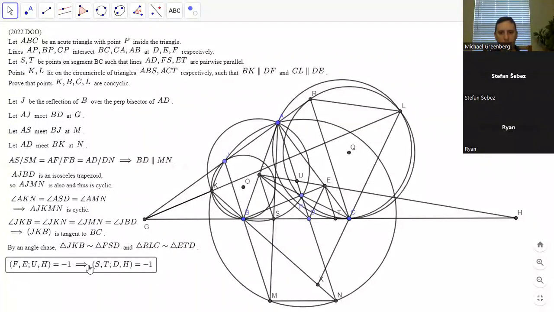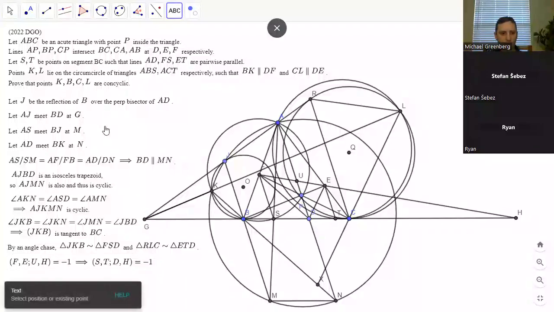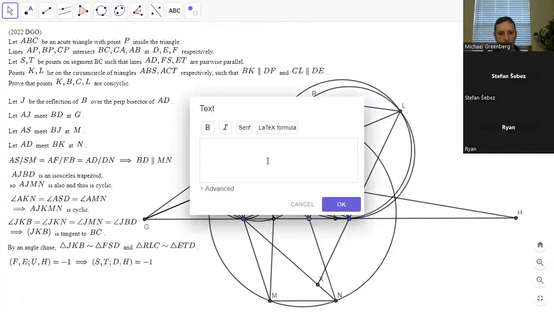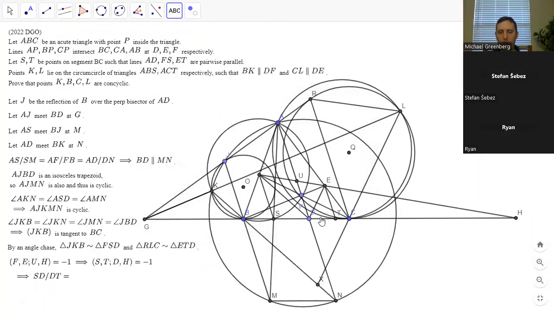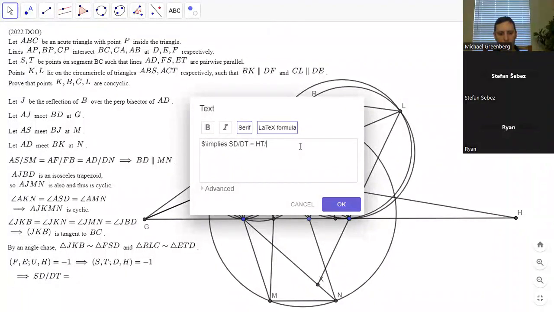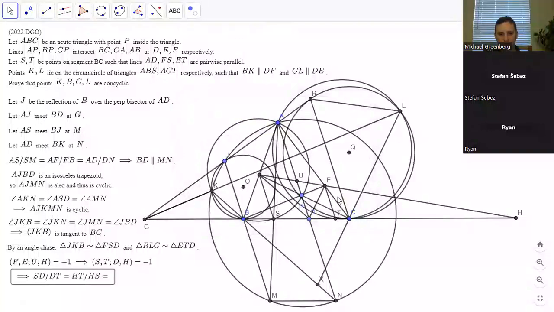So we have STDH is harmonic, and that means that SD over DT equals HS over HT, which is HE over HF.